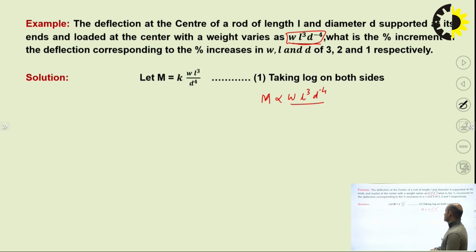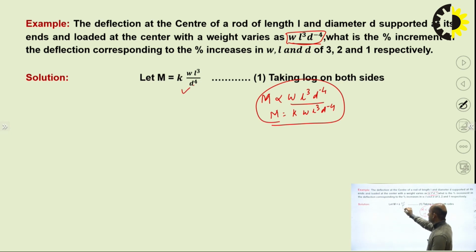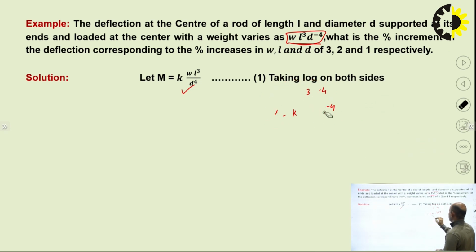So weight varies as W L cube D raised to minus 4. Then what will be the value of m? m will be equals to some proportional constant k and W L cube and D raised power minus 4, or we have m equals to k W L cube D raised power minus 4. So this is the value of m, or weight.